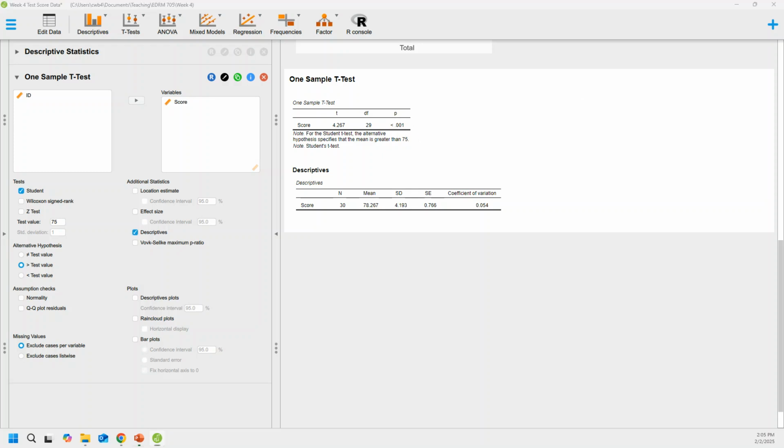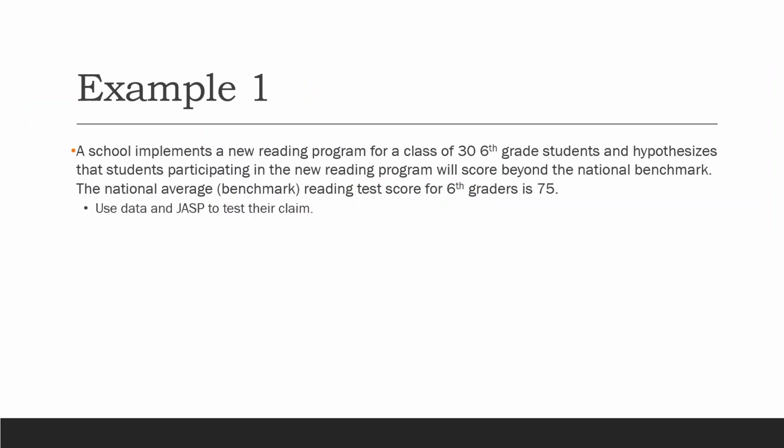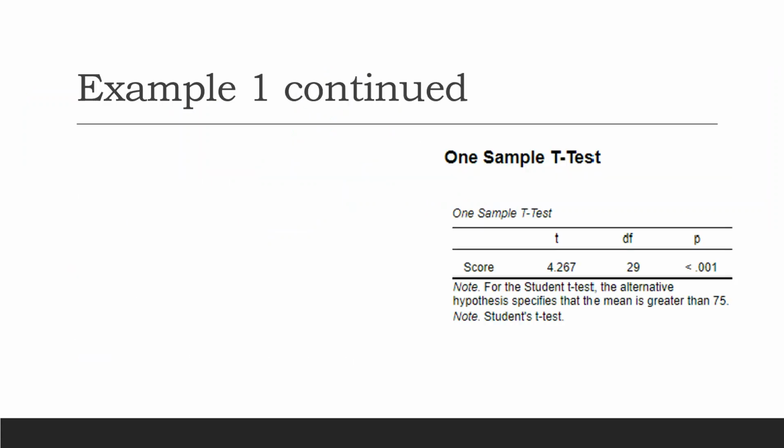And so from that, I can draw my conclusions based off of this hypothesis test, right? So these are the results once again. Remember that we compare our p-value to alpha. Well, our p-value is less than 0.001, as we see here. That is less than our alpha of 0.05, which I indicated on the last slide. And since it's less than or equal to that value, we know we reject the null hypothesis.